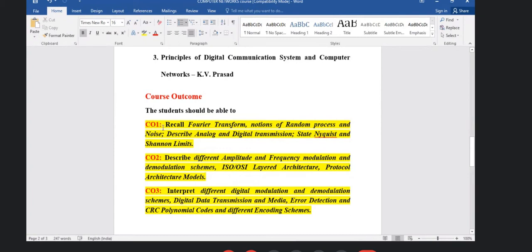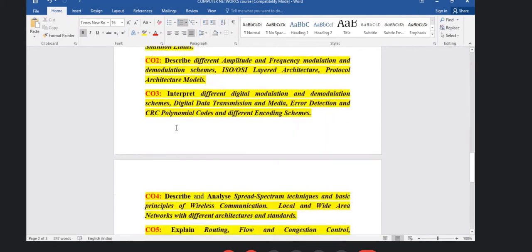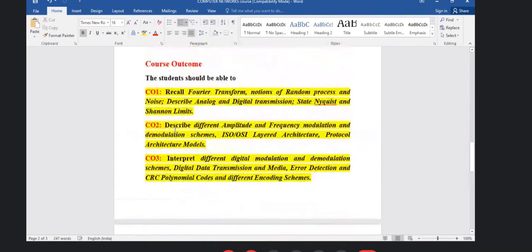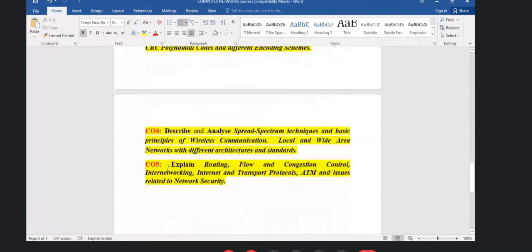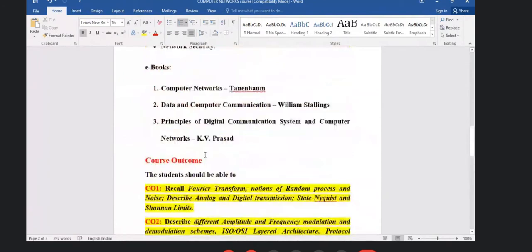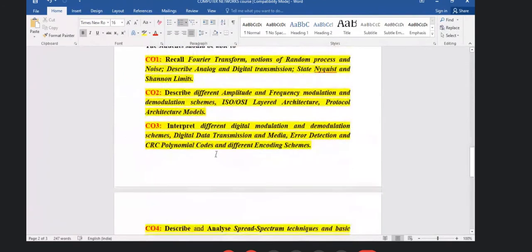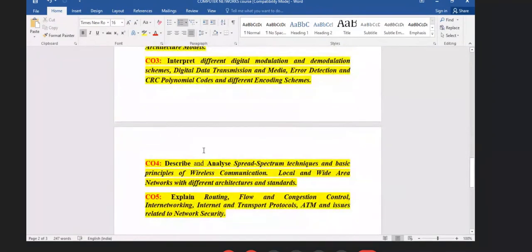And these are the course outcomes: one, and this is 2, and out of these 5 outcomes, CO1, CO2, CO3, and CO5 will fall under computer networks, and CO4 will be solely for part 1.